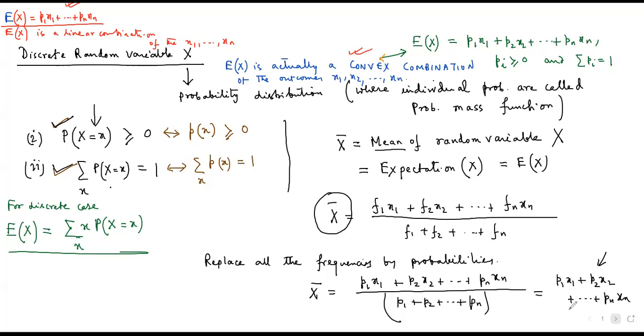Now, the calculation of expectation is not the only thing that we do with the probability distribution chart. Tomorrow in my class, which is at, I think, 8:40 in the morning, if I'm not wrong, I'm going to discuss something else on my probability distribution chart.